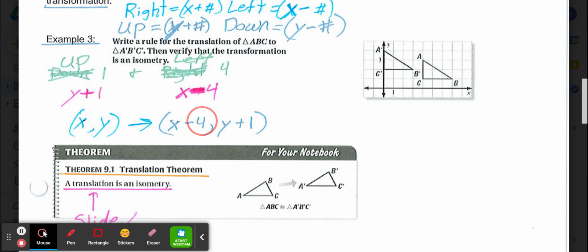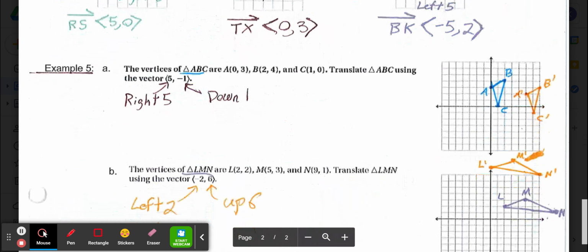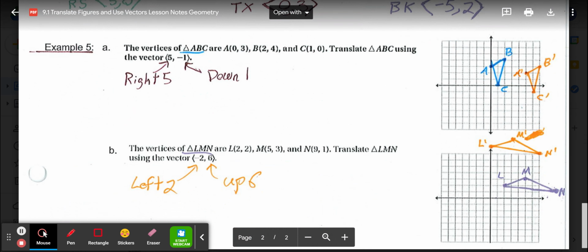So if we had a vector <-4, 1>, that's the same thing as this translation rule, (x minus 4, y plus 1). So we can go down and look at example 5, which tells us triangle ABC has vertices (0, 3), (2, 4), and (1, 0).